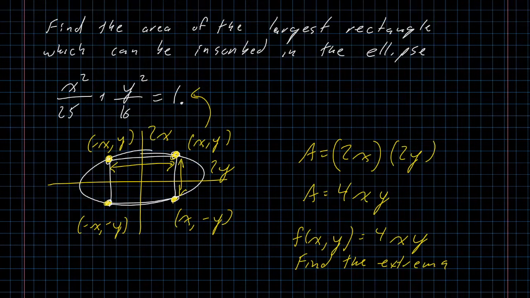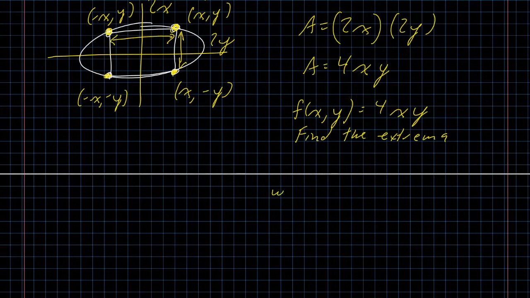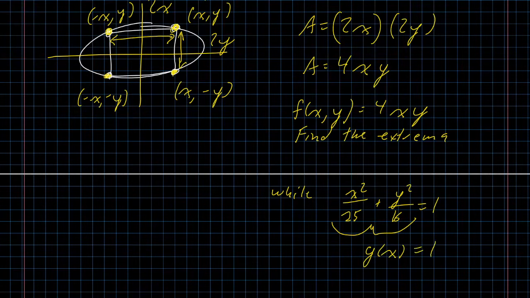We are looking for the absolute maximum and the absolute minimum that satisfy the constraint x squared over 25 plus y squared over 16 is equal to 1. I'm going to name this g of x and y, of course a function of two variables. g of x and y is equal to 1.